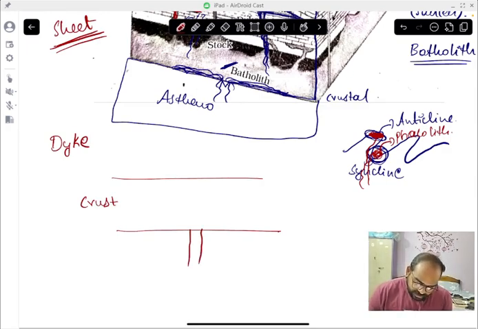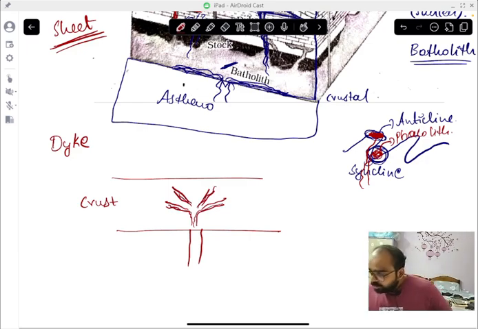Whenever the magma comes into the crust, it travels into the weaker parts of the crust like this. During this traveling, the magma gets solidified. This solidified part is called a dike.